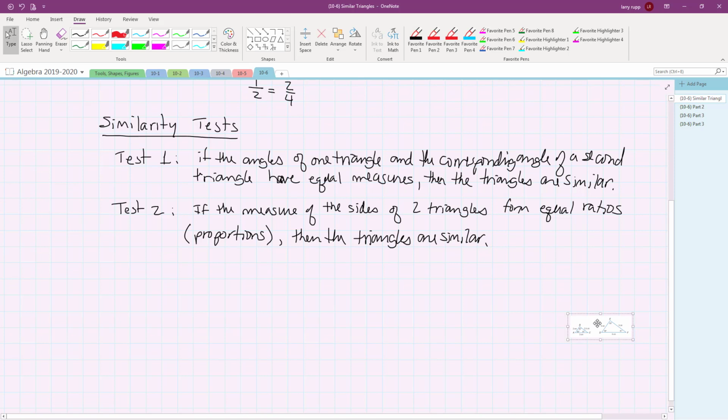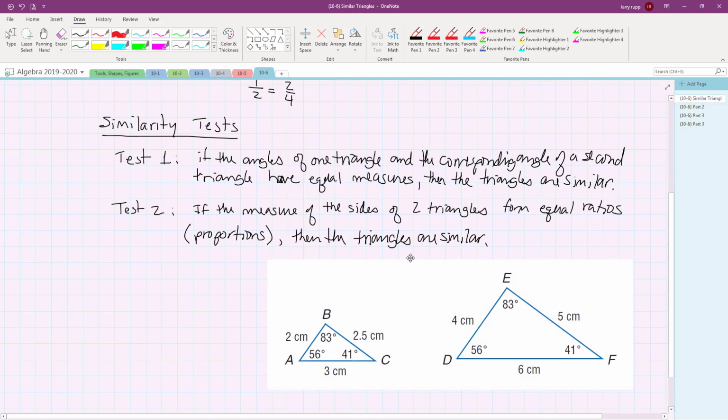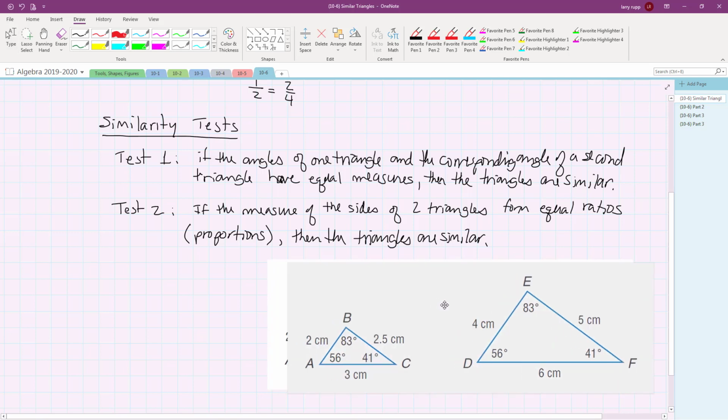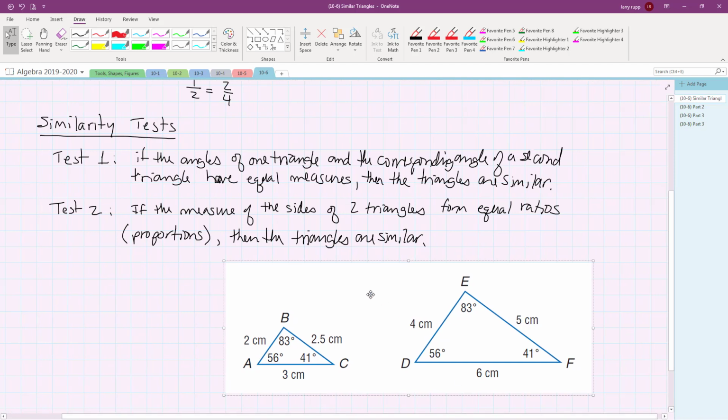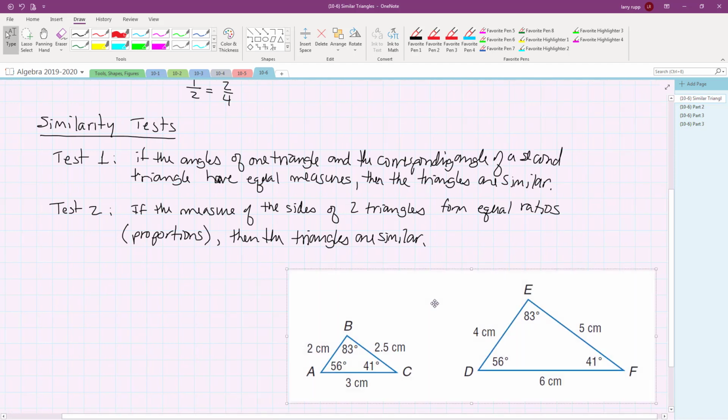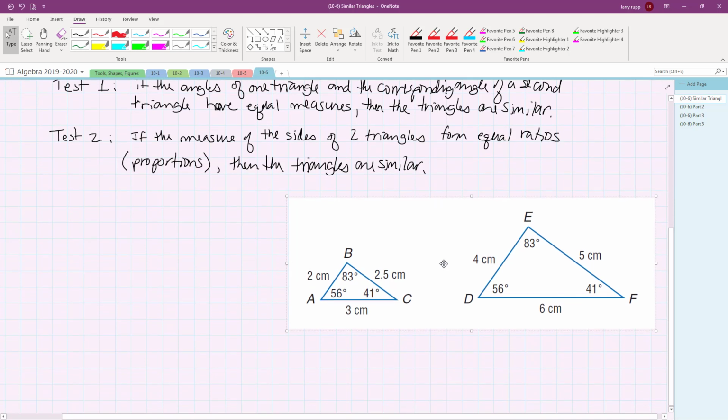I have a graphic image here that I've cut and pasted in that I think is going to be a lot better than me trying to draw this myself. Here we have two triangles. This is the symbol for triangle, this little triangle right here.